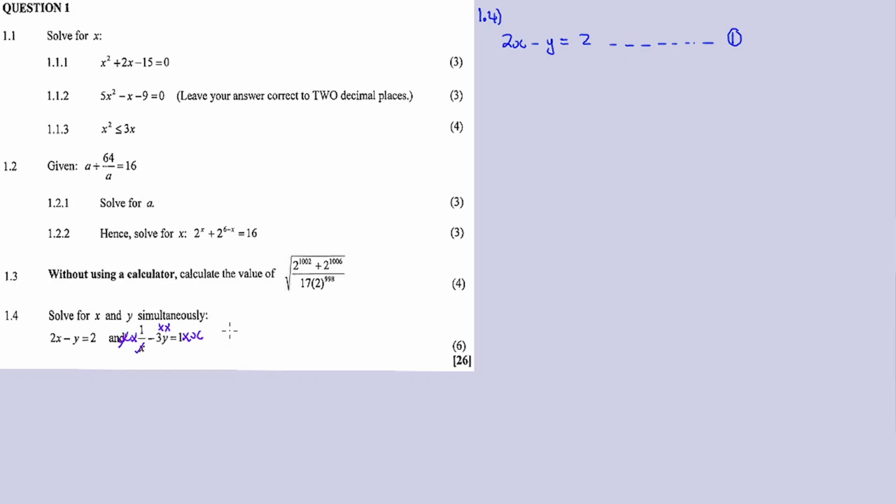Lo x akhanselana no-x, ngisale no-1 minus 3xy equal to x. Since 1 times x is x. So therefore equation 2 now, you have 1 minus 3xy equal to x.